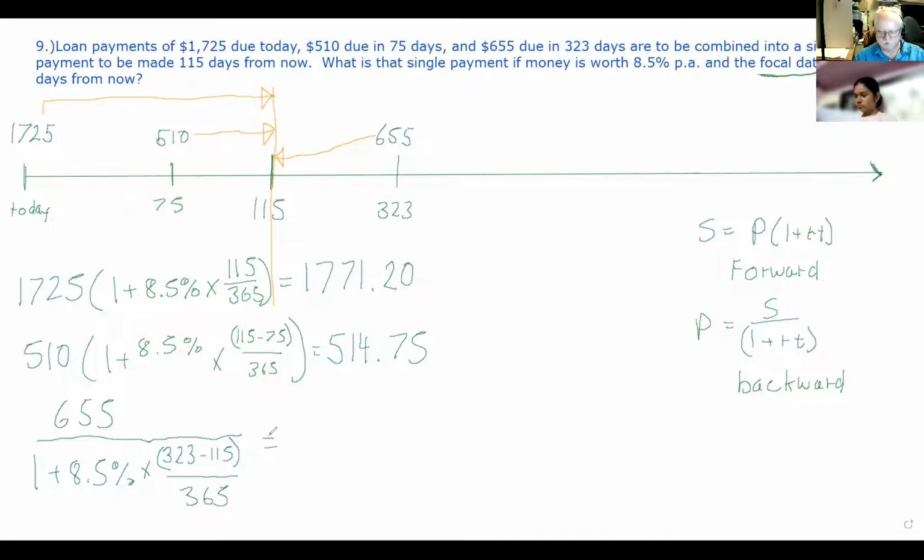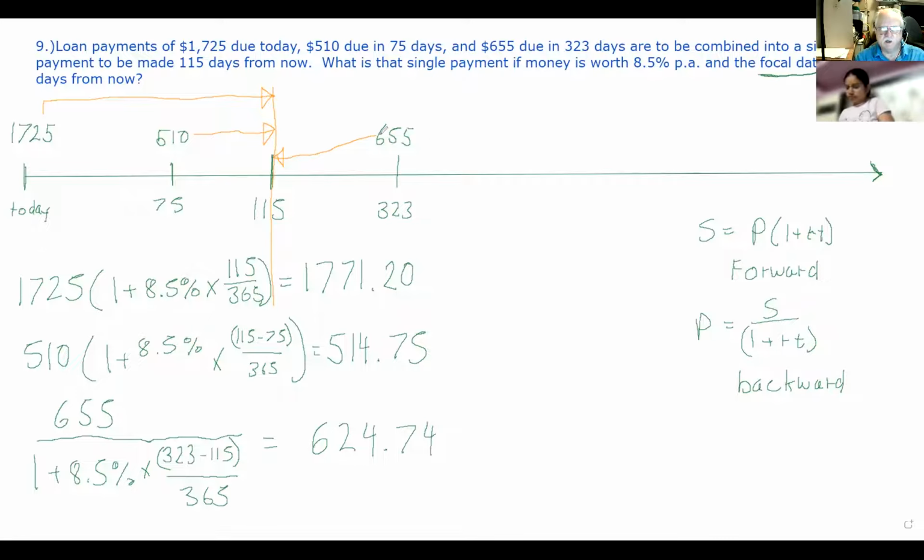So 323 minus 115, it's moving back 208 days, divided by 365 times 8.5% plus 1, and then 1 over x times 655. So it loses interest and becomes 624.74.